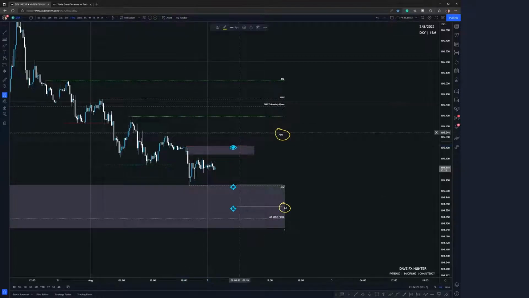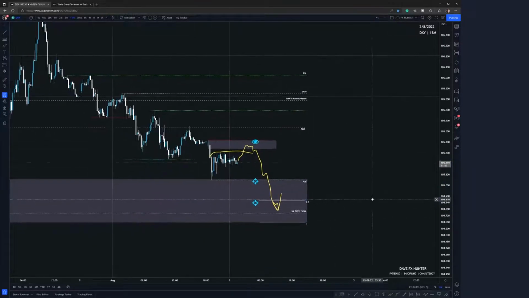What I am expecting on the dollar index is probably some correction above these levels, just to take these highs out, and then we could drop lower, right? So we still have a bearish bias for today for the dollar index.